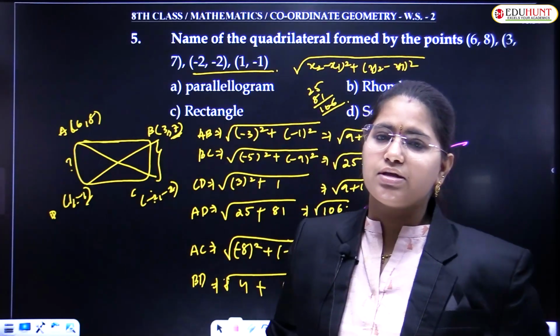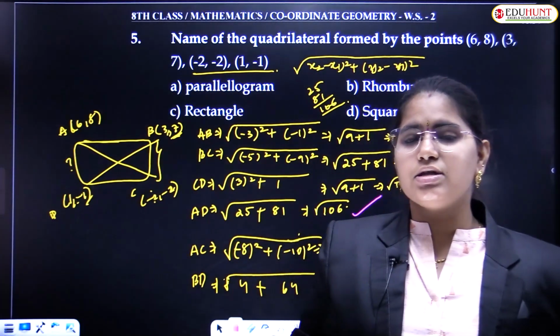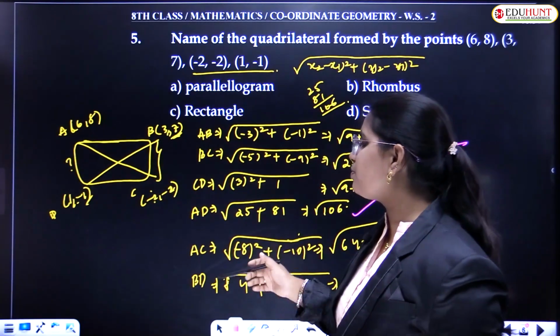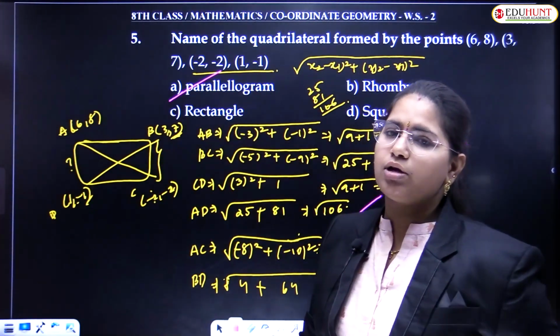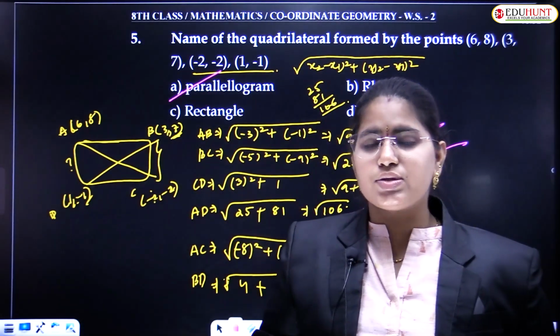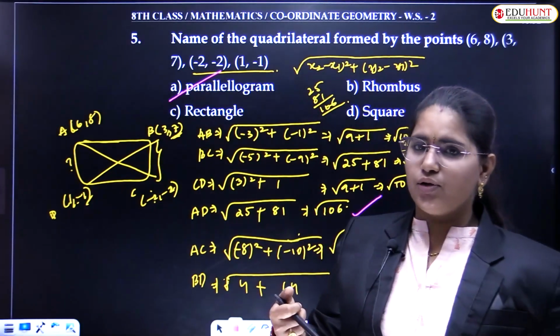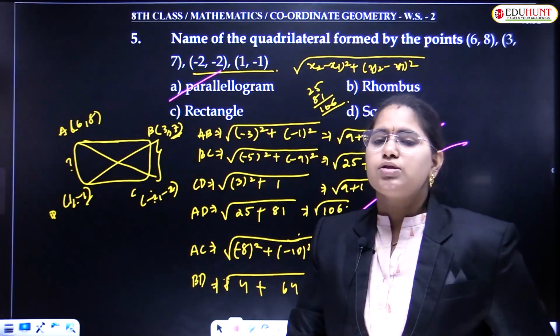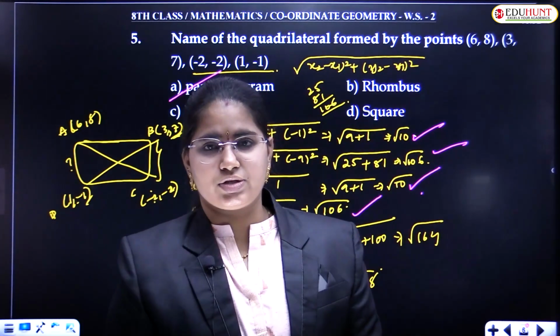If it were a rectangle, the diagonal lengths should be equal, but this is a property of a parallelogram. In a parallelogram, opposite sides are parallel and equal, and the diagonals have different lengths. You won't get equal lengths. So this is the property of a parallelogram. I hope I am clear with this question.